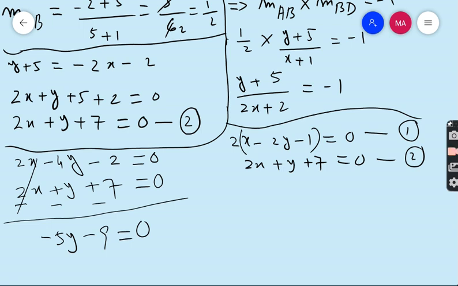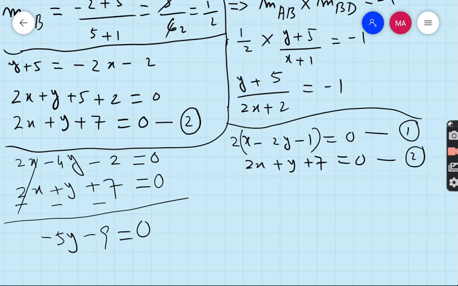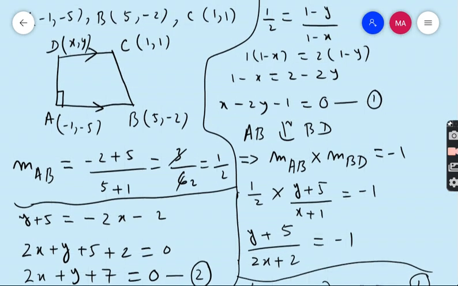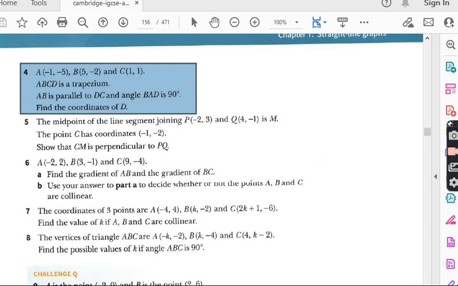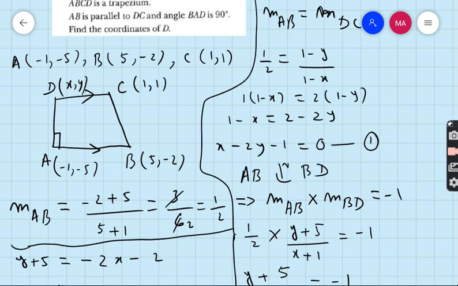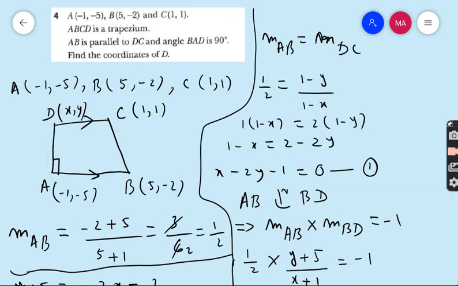I think something is wrong. The answer is not matching the answer of the book. I will check again. First, I want to check the question. (-1, -5), (5, -2), (1, 1).